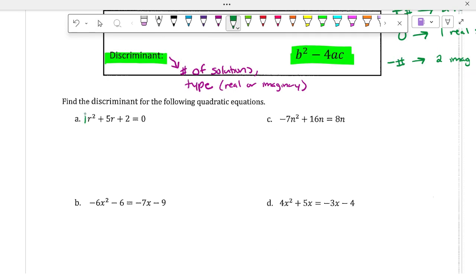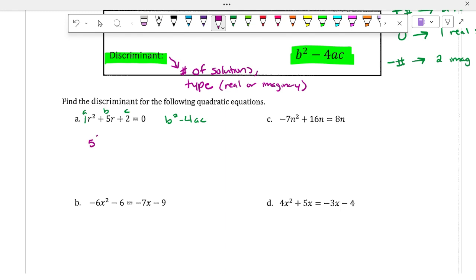All right. Now, I always like to label a, b, c first, just so I know what I'm talking about. And then we're just going to put into the formula b squared minus 4ac. So someone raise their hand and tell me what I'm going to plug in for b.